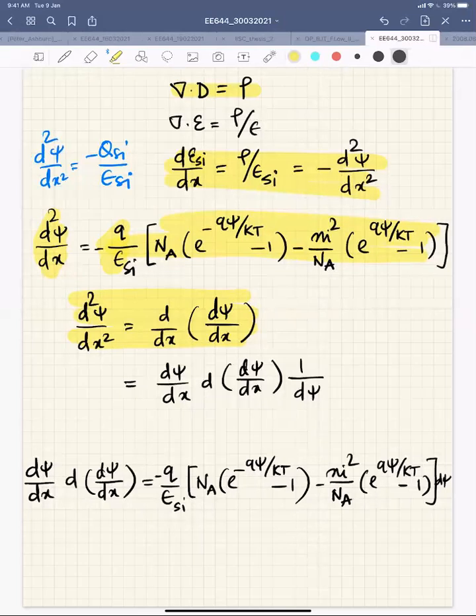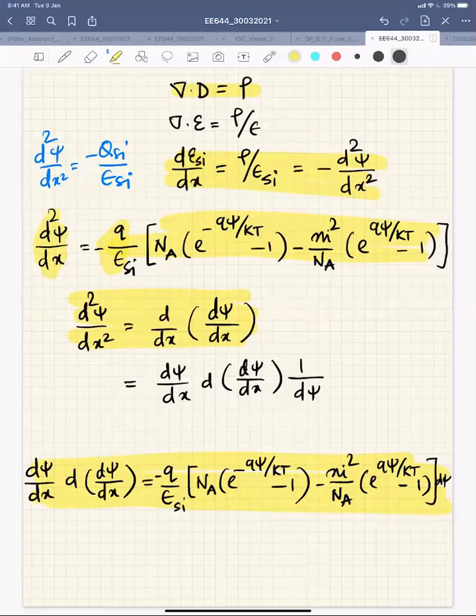So if I do that, this equation here I could write like this. On the right hand side and the left hand side, I have d psi by dx and differential of d psi by dx equal to charge into d psi. Then I have to integrate.